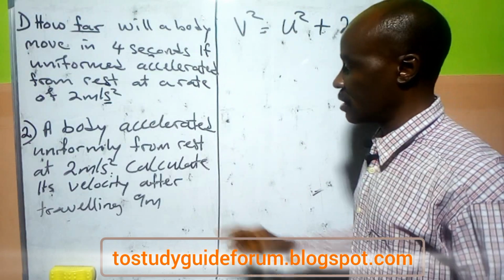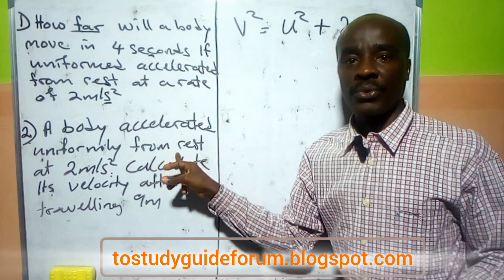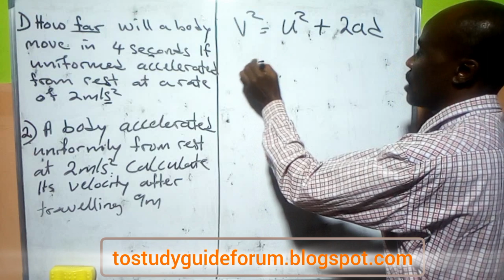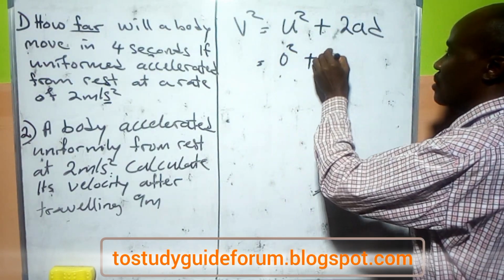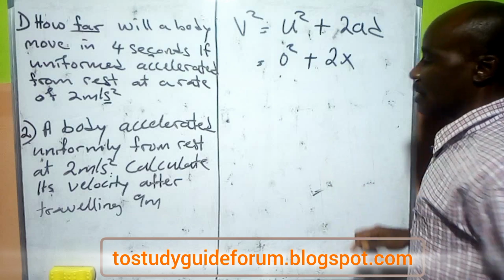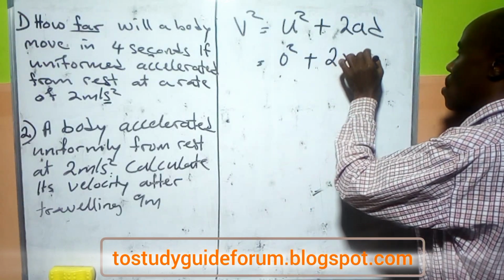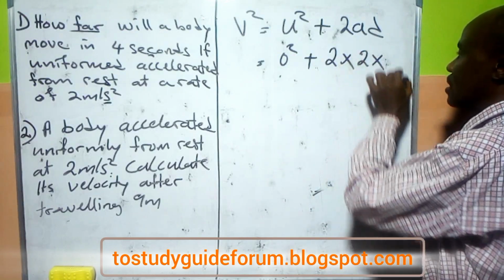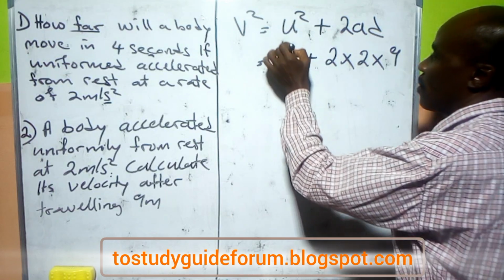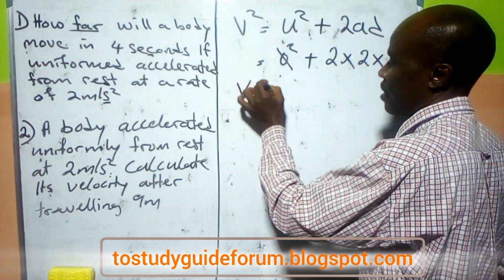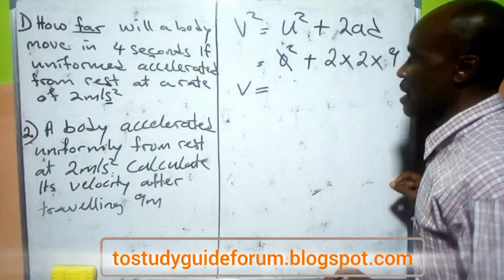This is because the object is starting from rest. So if it's 0, that means 0 squared will give us 0. Then we go over to this side: we have 2 times acceleration, which is 2, and the distance, which is 9. So this already goes out of play.